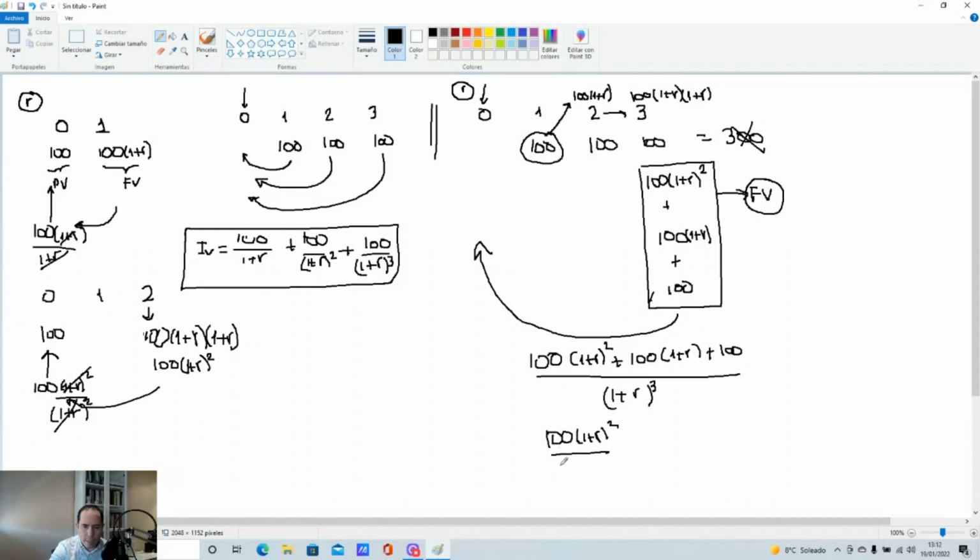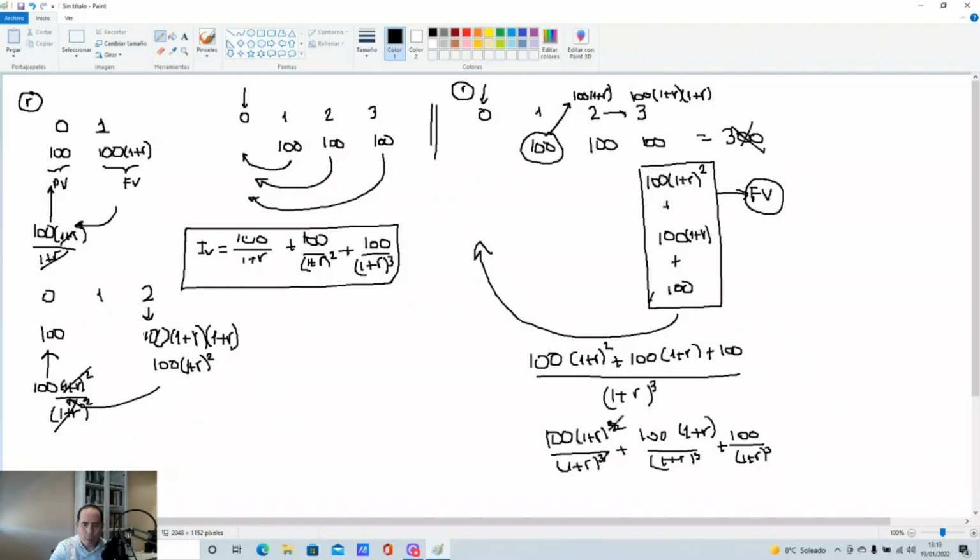You will get something like this: 100, 1 plus R, 1 plus R, and you get this. So this is 2.